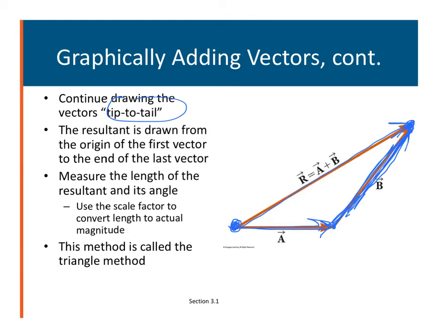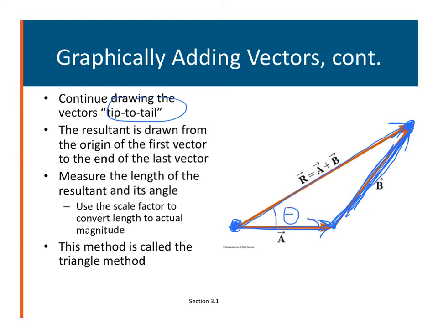This picture gives us the relative size of the vector, seeing that this arrow is bigger than both A and B. So we should see that the magnitude of R should be bigger than both A and B. And it also gives us an idea of the direction. It gives us an idea of what this angle is.